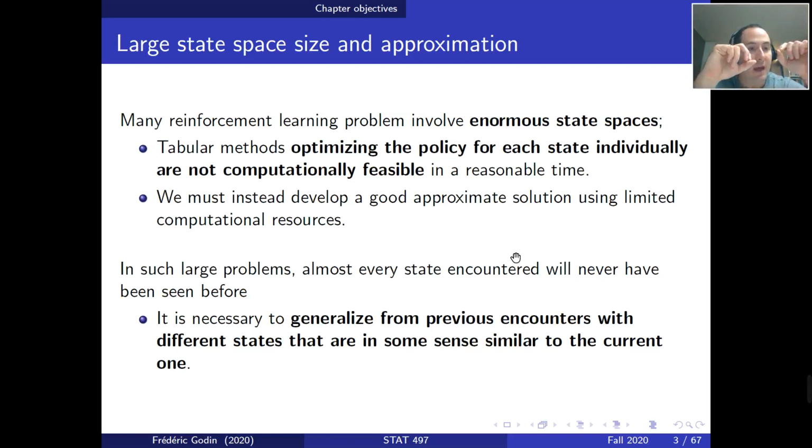Then maybe the value of this unseen state can be inferred or approximated by the value of a very similar state. So the idea about generalization is that we need to infer the value of states not seen before from the values of states that were visited. This is the general idea. How this materializes in practice, we will discuss in this chapter.